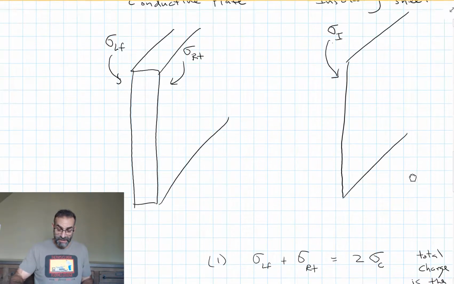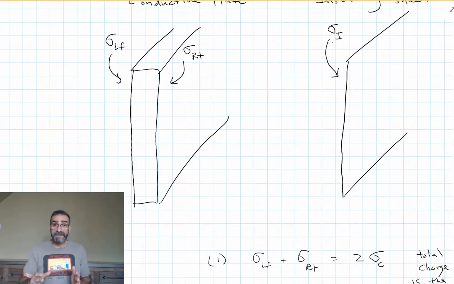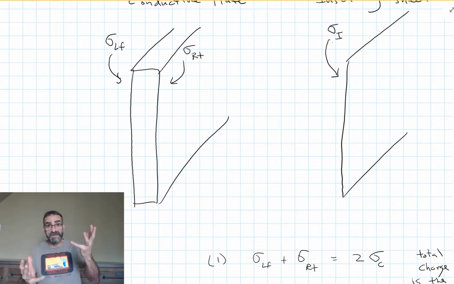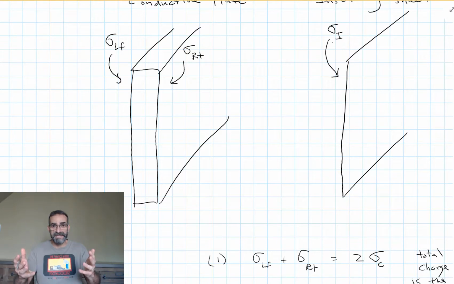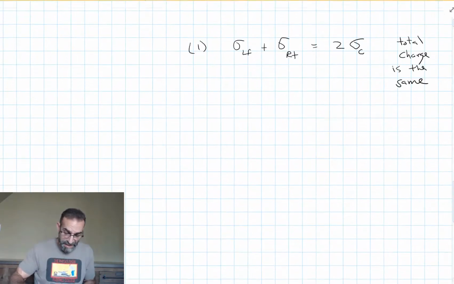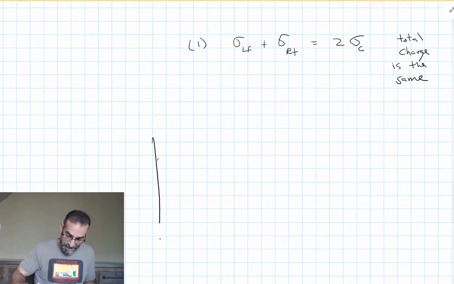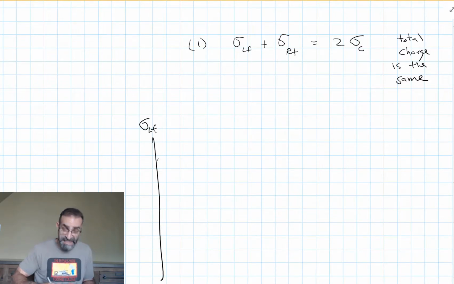Now we know some other things. What I'm going to do is treat each side of that conductor. Once the charges move and redistribute, they're not going to move anymore. They're going to stay in a steady state. It's going to find an equilibrium state. I can treat that conductor like an insulating sheet with charge density sigma left and an insulating sheet with charge density sigma right.